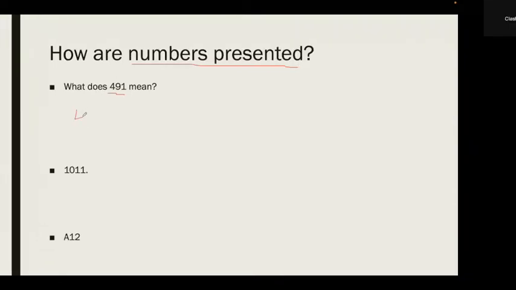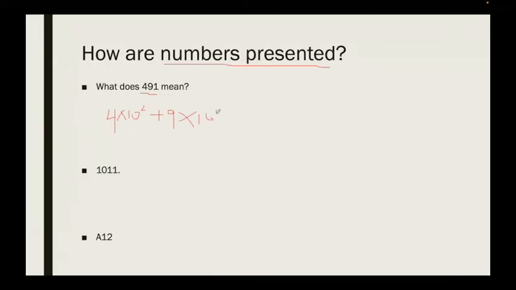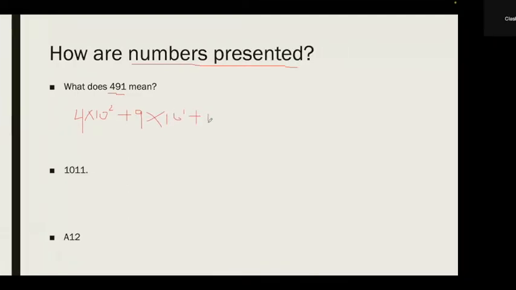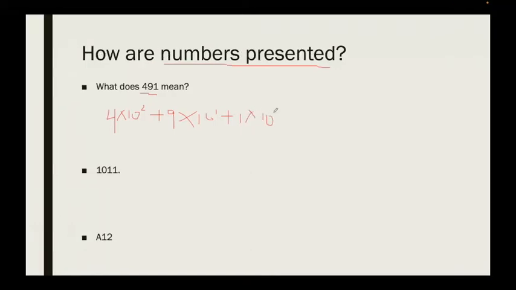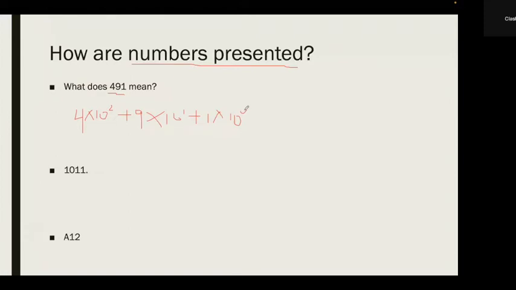If we go to the essence of it, 491 actually means 4 times 100, which is 10 to the power of 2, plus 9 times 10 to the power of 1, plus 1 times 10 to the power of 0. This is what this number actually means.